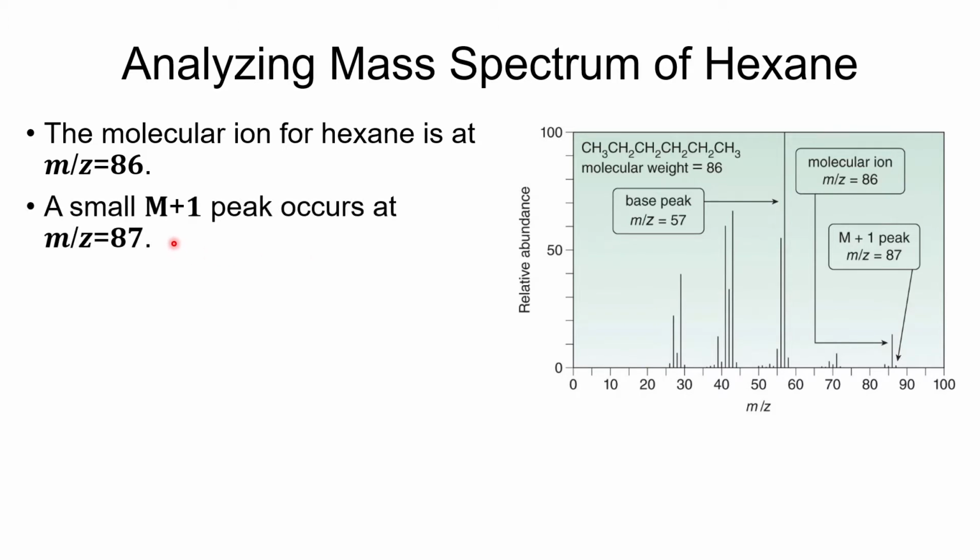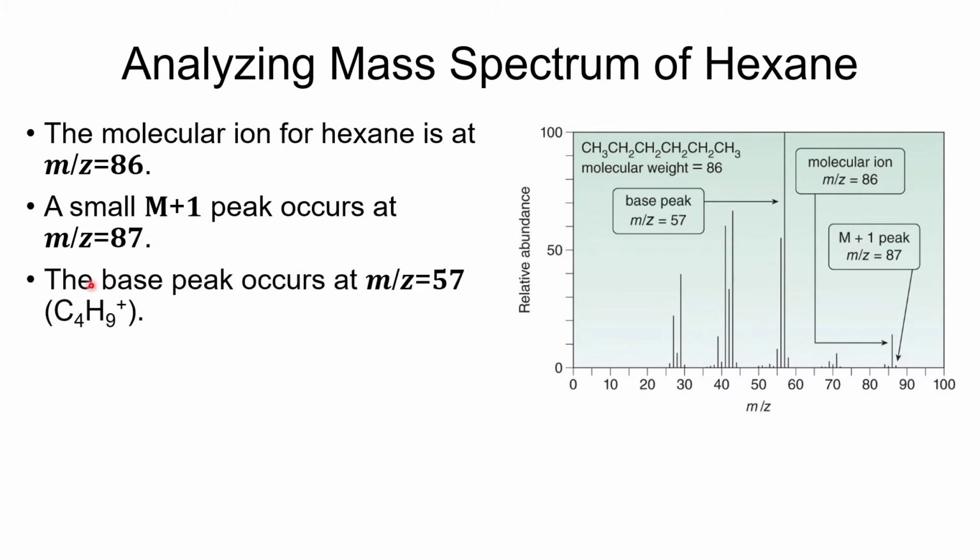All right. We do have a small M+1 peak. Again, it's about 1%. In this case, it may be a little bit more, but it's close to 1% of the size of our molecular ion at 87. So that makes sense. We'll find that the base peak, which is again the largest peak, is scaled to 100 for whatever the base peak is, regardless of how much it is.